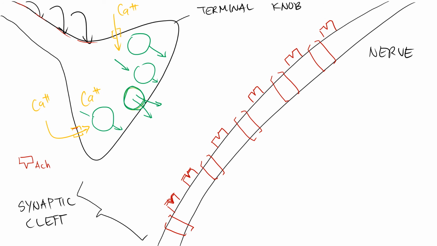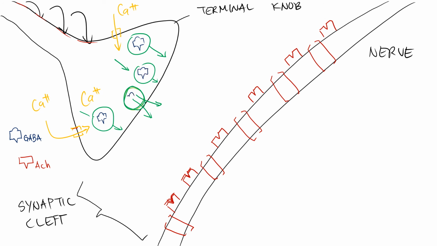Now we're going to talk about an example of an inhibitory neurotransmitter. Now we'll draw it differently. One example is GABA, gamma aminobutyric acid. Don't worry, just remember GABA.